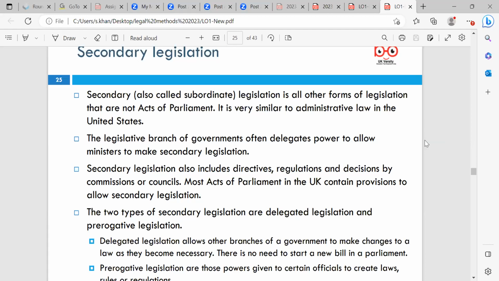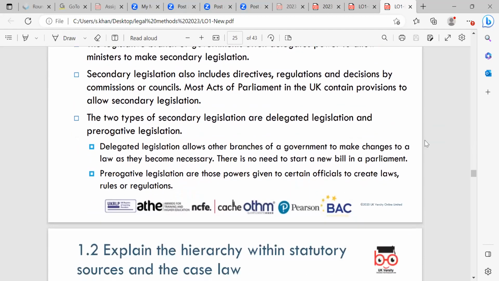Most acts of Parliament in the UK contain provisions to allow secondary legislation. The two types of secondary legislation are delegated legislation and prerogative legislation. Delegated legislation allows other branches of a government to make changes to a law as they become necessary. There's no need to start a new bill in Parliament. Prerogative legislation refers to those powers given to certain officials to create laws, rules and regulations.